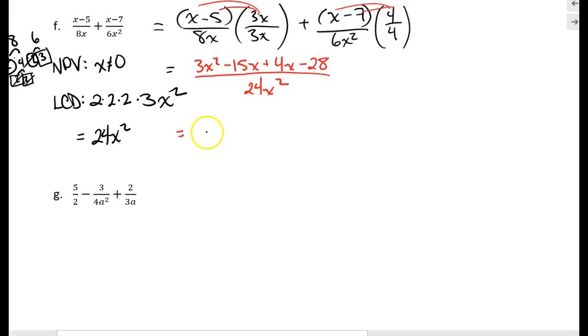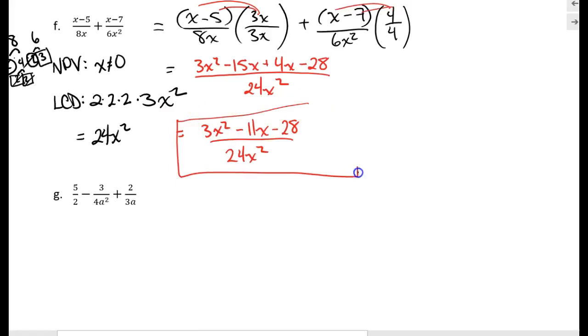If I try and simplify that, I've got 3x squared minus 11x minus 28 all over 24x squared. I cannot factor that numerator in a way that's going to let me cancel out with this denominator at all. I can't take out a common factor, and so I'm left with this and the point that x cannot be 0.